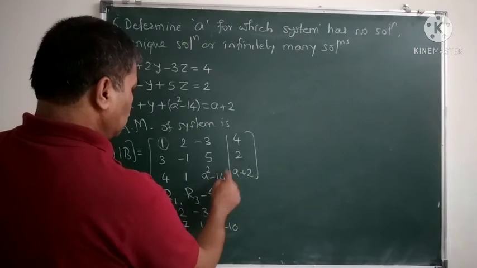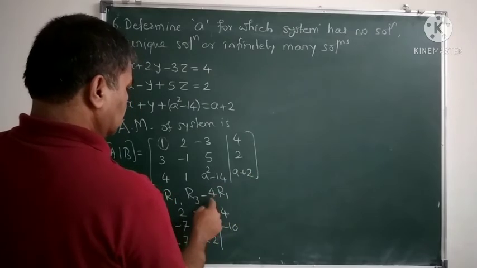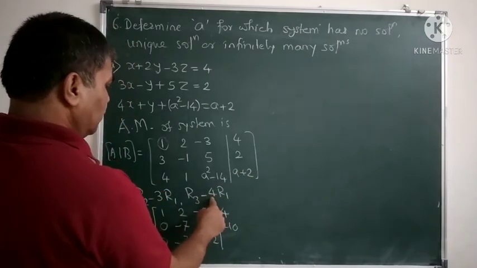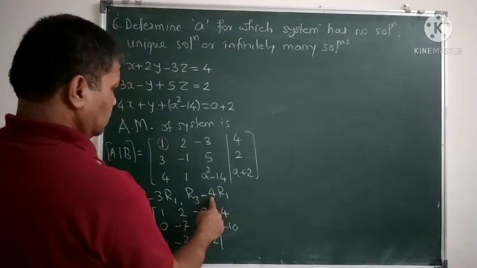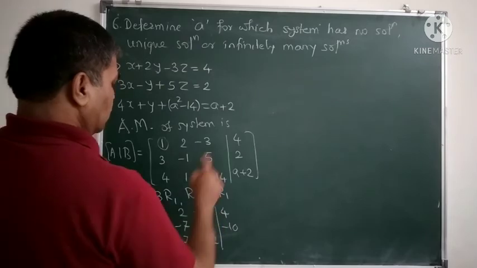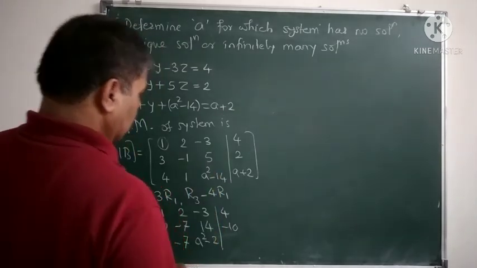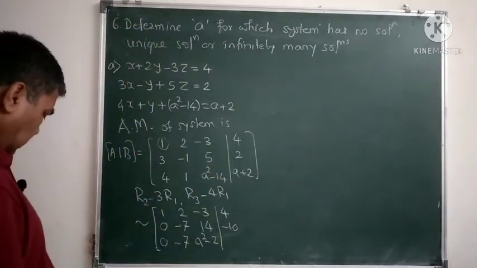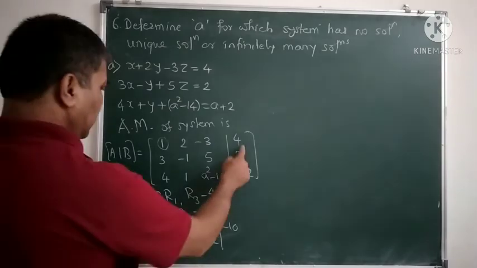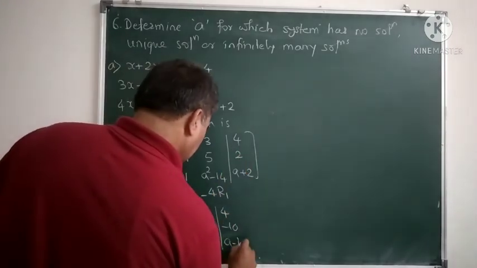And a plus 2 minus 4 into 4, that is 16. So that will become a plus 2 minus 16, a minus 14.